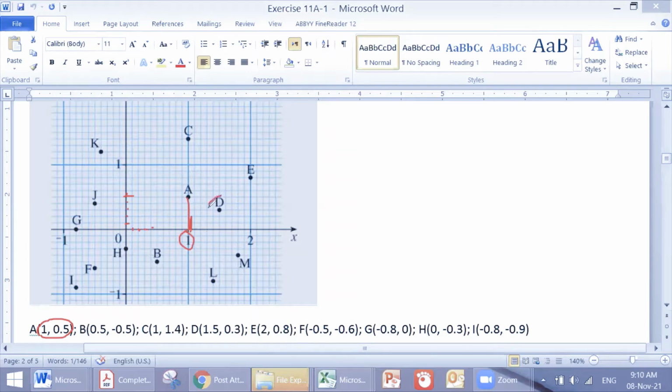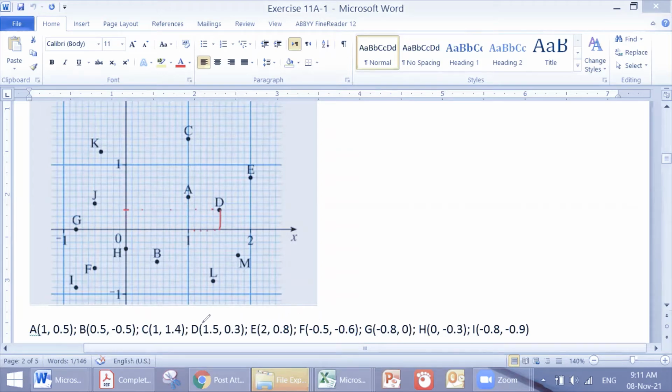And for example, this point D, if I want to find the coordinate of this, after 1, this is 1.1, 1.2, 1.3, 1.4, and 1.5. And I will draw from this point to this point, and I will see now what is this value at the y-axis. So this value at the y-axis is here, and this will be 0.1, 0.2, and 0.3.